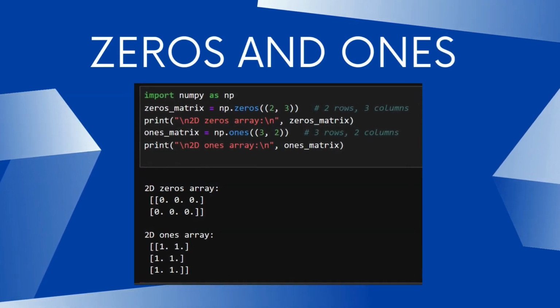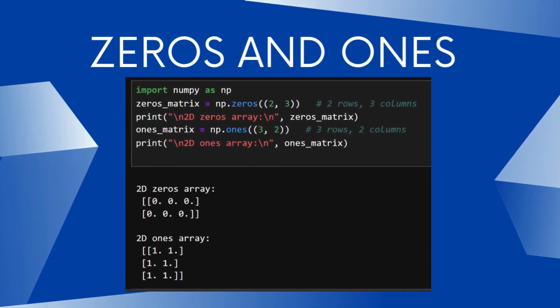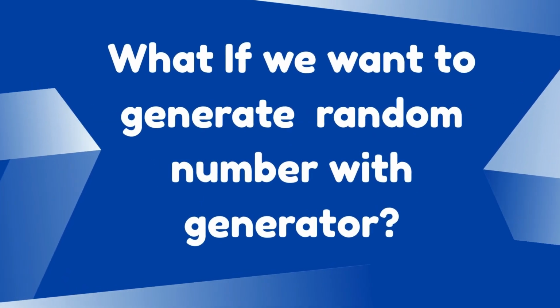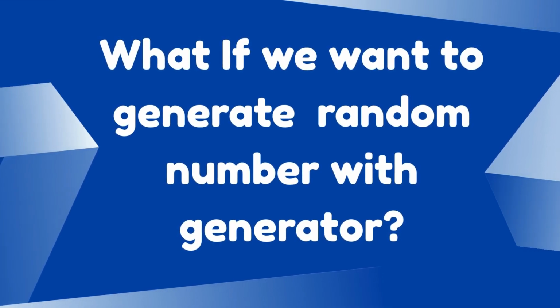From all of these we get specific sets of values. But what if we want to generate random values? We can do it with different methods, like the rand function, and in this video we use a generator to generate random numbers.